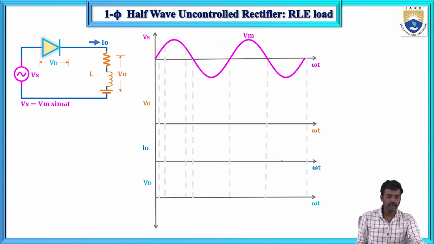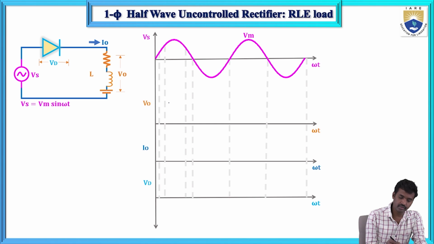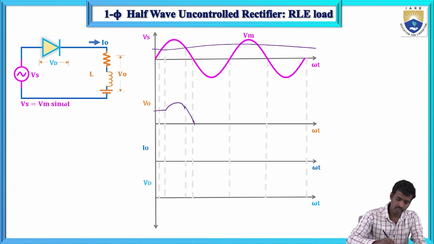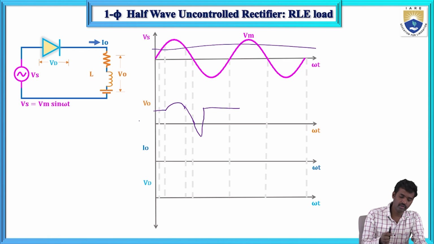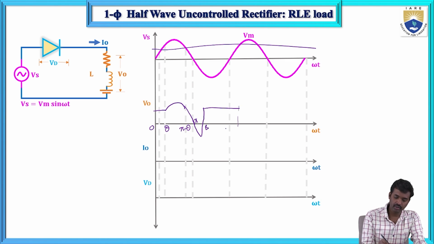In the next slide I will explain this clearly. So this is E, and it is conducting up to beta. Here is 0, theta, pi minus theta, here is pi, here is beta, and here again 2 pi plus theta.